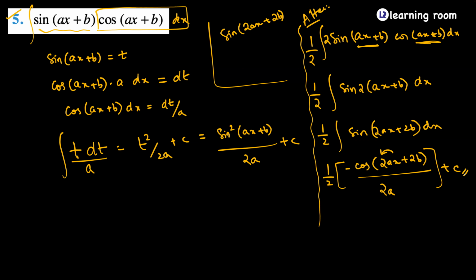Basically, what did you get? Here you got sine square of ax plus b divided by 2a plus c. And here you got the answer as minus cos of 2ax plus 2b, the whole divided by 4a, plus c.